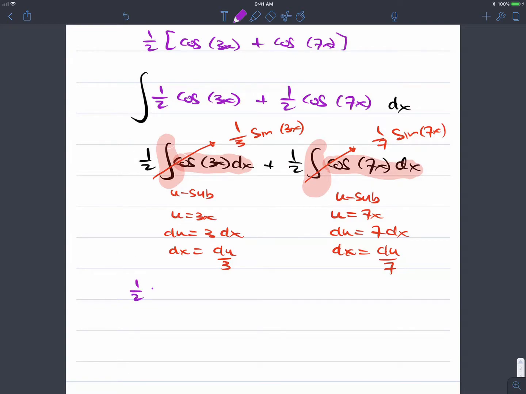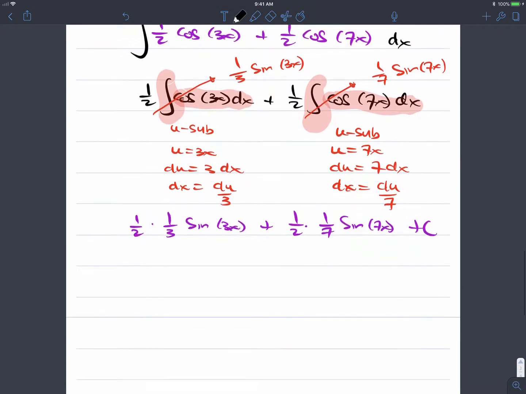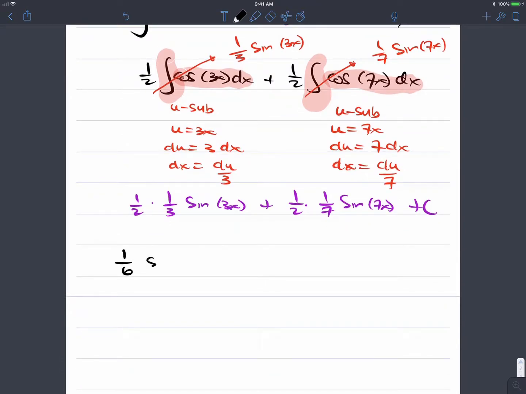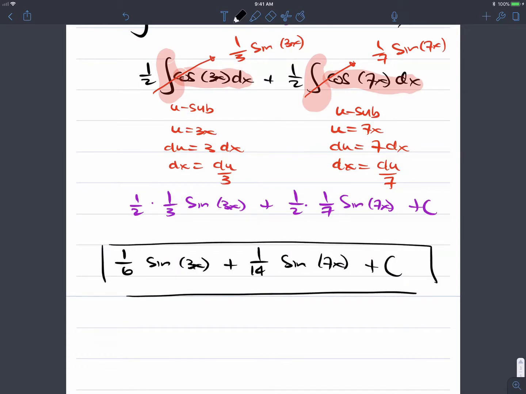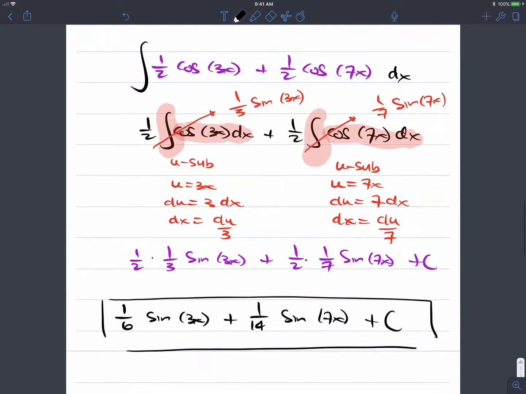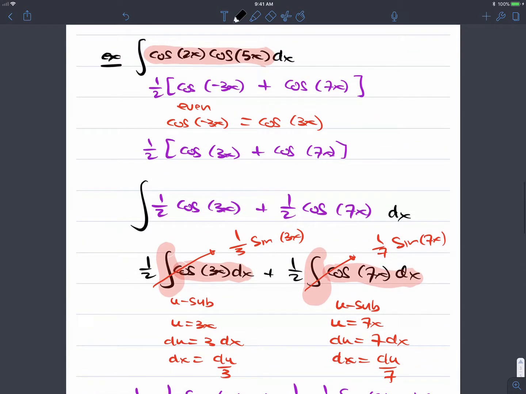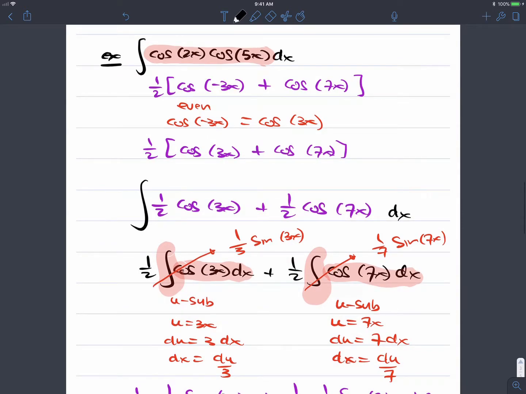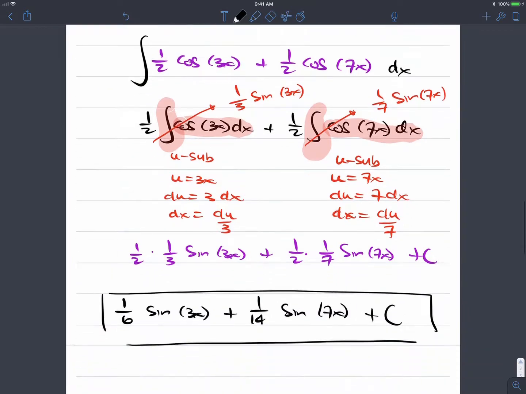So we have 1/2 times that 1/3 sine 3x plus a 1/2 times 1/7 sine 7x, and let's add our constant. We end up with 1/6 sine 3x plus 1/14 sine 7x plus that constant. And here you go. Here is the product to sum formula in action when you multiply two cosine functions. Let's look at another example.